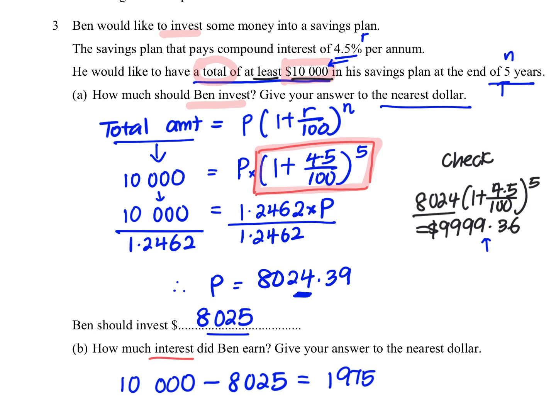You get the number over here, 1.2462 times P. This is multiplication. In order to get rid of the multiplication, you do division. So you divide both sides by 1.2462 and you can get your answer. Alright, have you gotten the concept?